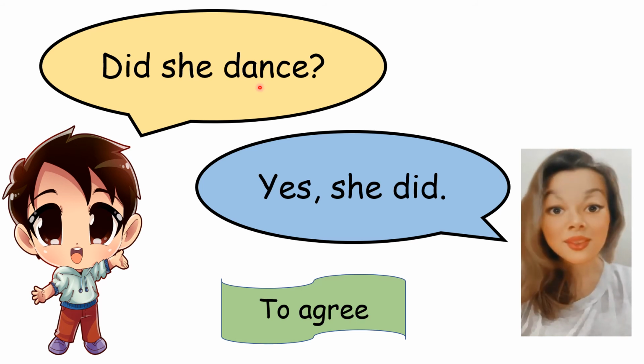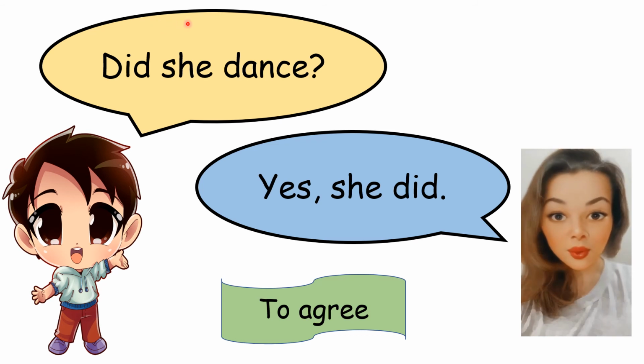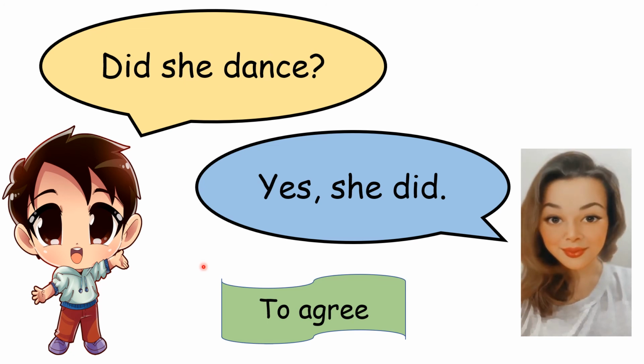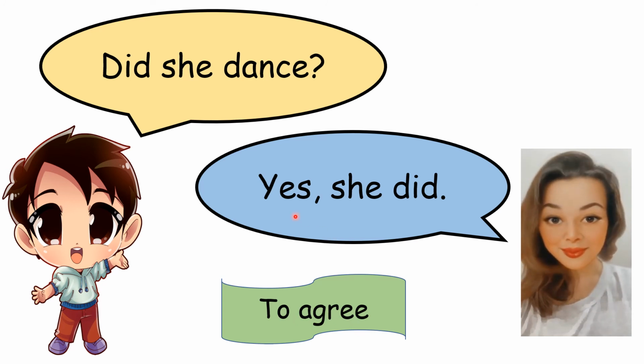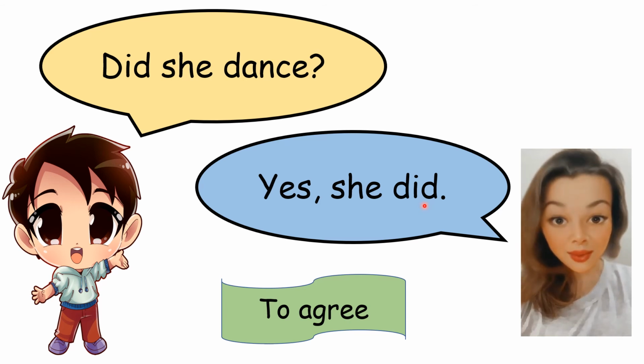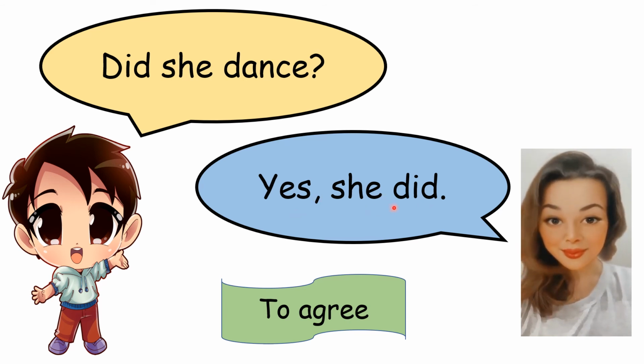Now remember, for questioning, if the word did starts, did is already in its past tense, so we do not have to change the verb here into past tense. Now to answer, let's say we agree. When we agree, meaning to say, we say yes. And to answer yes, it goes, yes, she did.